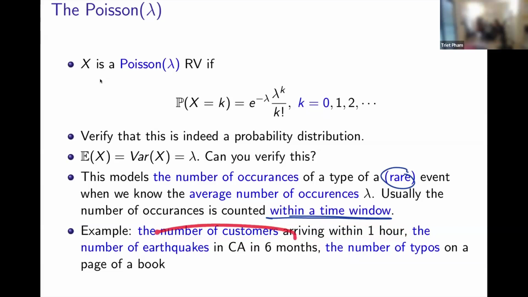And by the way, these are examples that are modeled by Poisson. I'm not making this up. So you can legitimately use Poisson to model all of these.